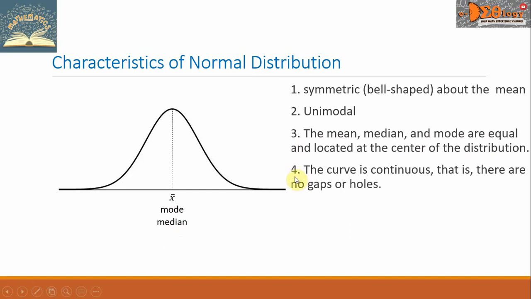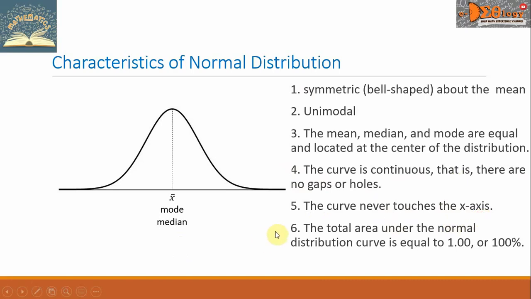Number four, the curve is continuous, that is, there are no gaps or holes. Number five, the curve never touches the x-axis. Number six, the total area under the normal distribution curve is equal to 1 or 100%.